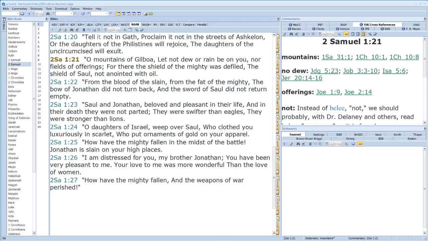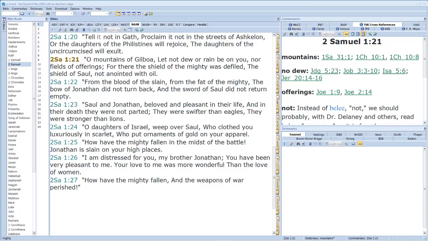He eats the fat because it represents the good. Try eating meat that doesn't have very much fat in it, and it doesn't taste very good. It's rather tasteless. And what makes our food tasty is the fat. And so the fat represents the best. And so Jonathan would go and fight against the best of the mighty.